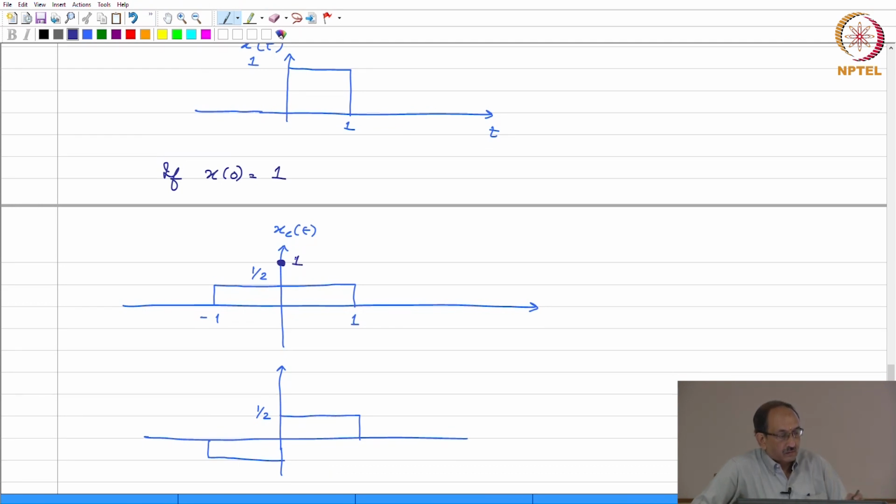If x of 0 were 0, then the original picture stays fine. x of 0 can also be undefined, then also this picture is fine, except that at 0 the even and odd parts are not defined. Oh, yes, you are right. If x of 0 is 0, the even part will be 0 at t equal to 0. Very good.